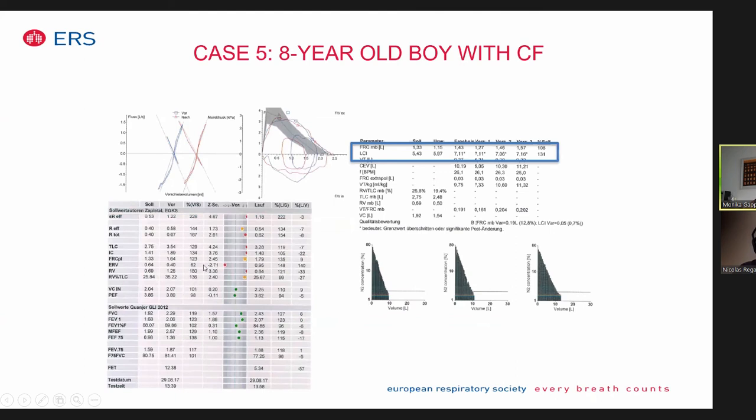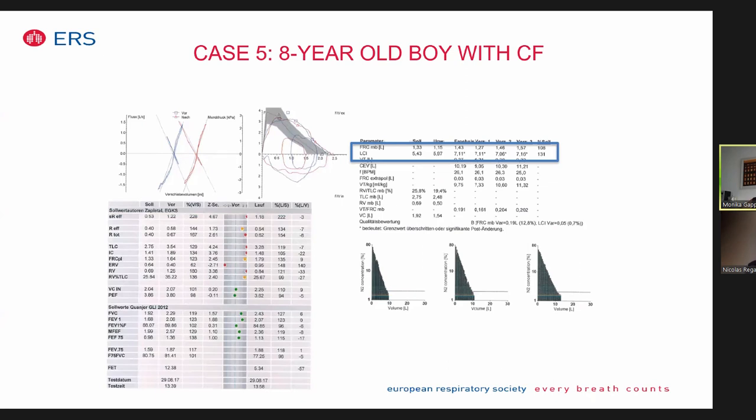Actually, this is another example. I think you have to look carefully at the breathing maneuver. Have to ask your technician or watch it yourself whether the children were able to do the total or the vital capacity maneuver following the body plethysmography.